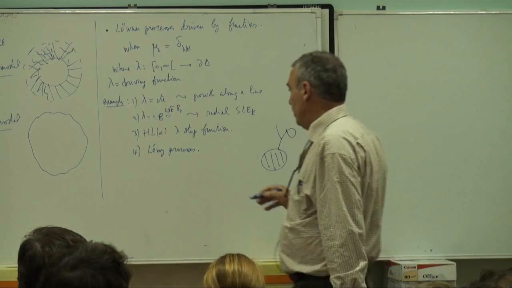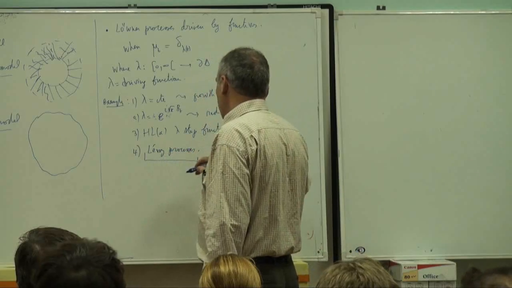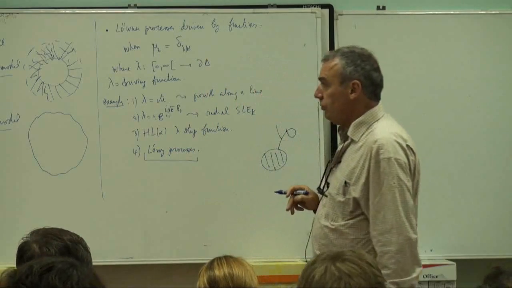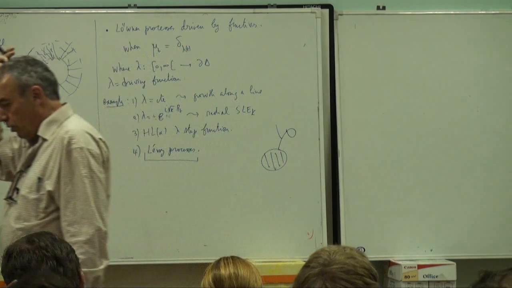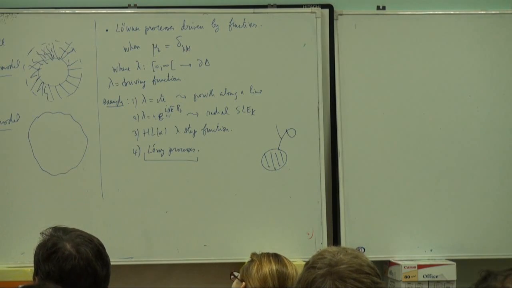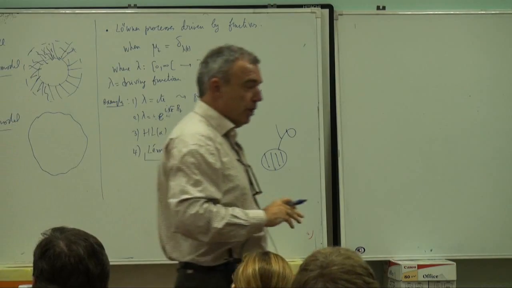Let me just advertise this. Loewner introduced his theory for purposes that have nothing to do with that. He introduced it for proving the Bieberbach conjecture for n equals 3.